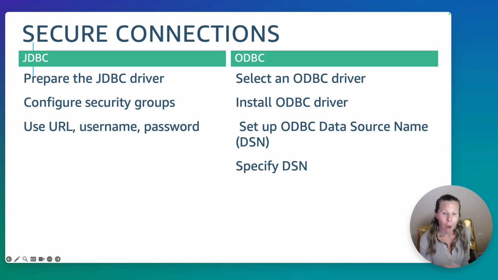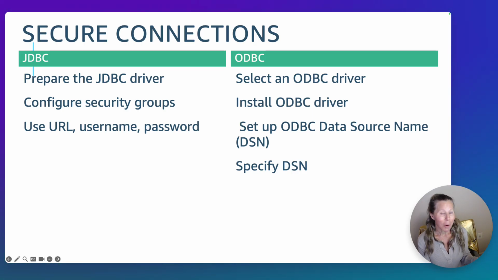After the connection is established, you can use JDBC APIs to execute SQL statements, perform queries, updates, and other database operations. ODBC is a standardized API for connecting to various data sources, including relational databases. First, you select an ODBC driver that corresponds to the data source you're connecting to. Then, install the ODBC driver on the system you'll be connecting from, which might be an EC2 instance or an on-premises server.